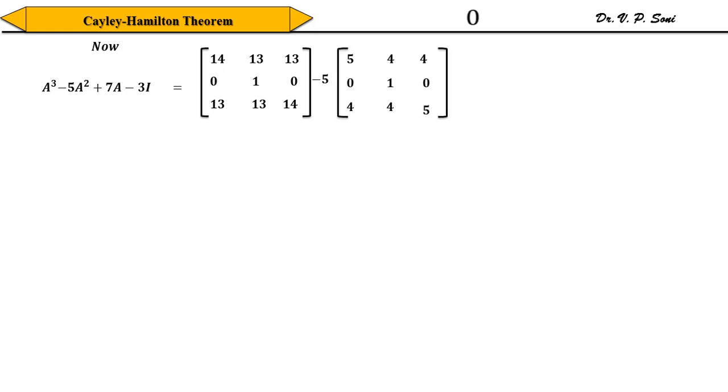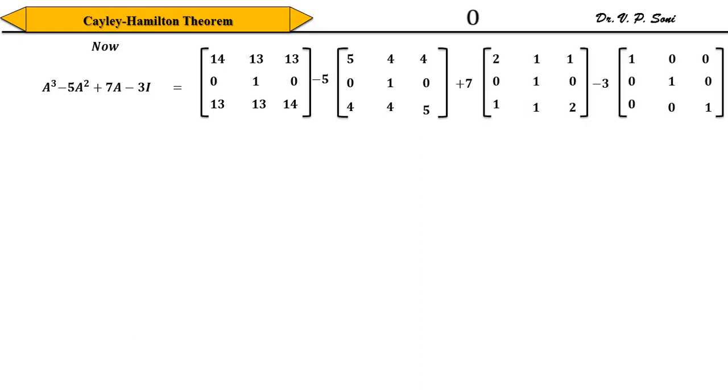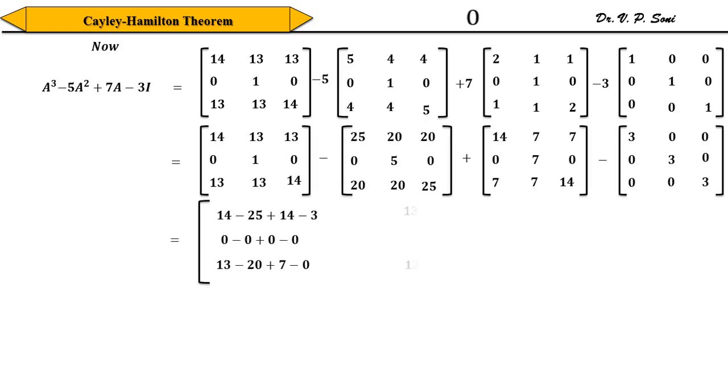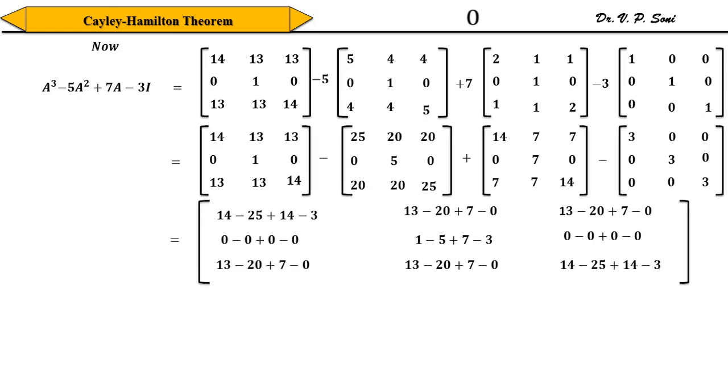Now we find the matrix A cube minus 5A square plus 7A minus 3I equal to: put matrix A cube, which we already found, minus 5 times matrix A square, which we already found, plus 7 times matrix A, which is already given, minus 3 times identity matrix I. Now adding the four matrices, we get the matrix whose first row 0, 0, 0, second row 0, 0, 0, third row 0, 0, 0.